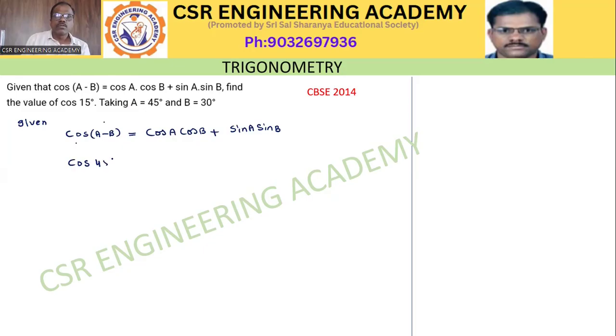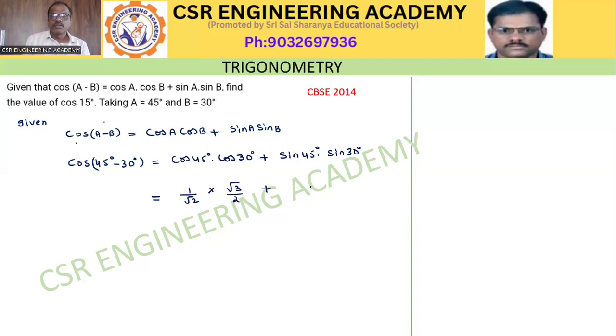cos(45 degrees − 30 degrees) is equal to cos 45 degrees into cos 30 degrees plus sin 45 degrees into sin 30 degrees. cos 45 degrees is equal to 1 by root 2, into cos 30 degrees is equal to root 3 by 2, plus sin 45 degrees is equal to 1 by root 2, into sin 30 degrees is equal to 1 by 2.